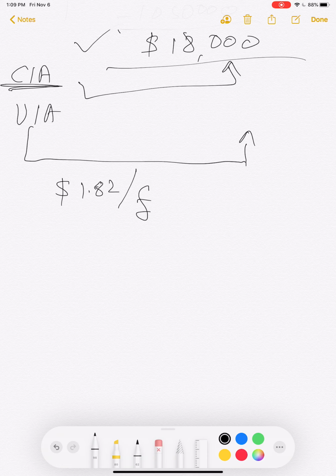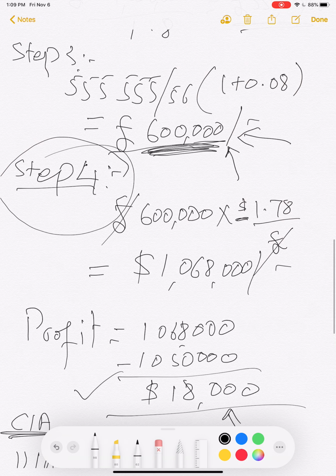The forward rate gave you a guess of 1.78 per pound, right? Now the pound has actually appreciated. So how much will you get back? Instead of multiplying 600,000 with 1.78, you needed to multiply it with 1.82.